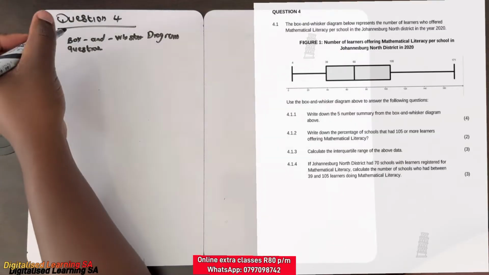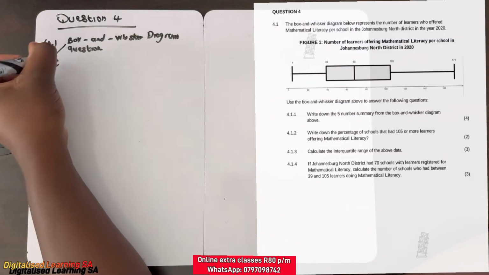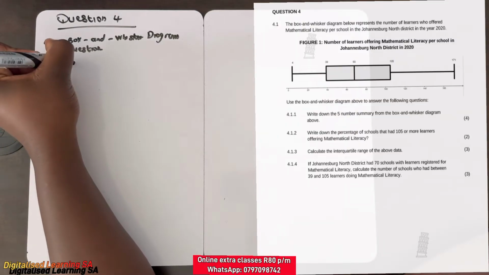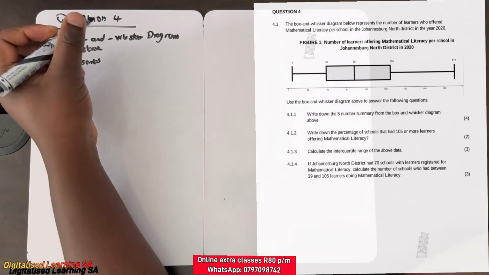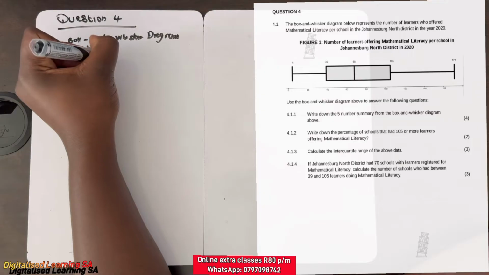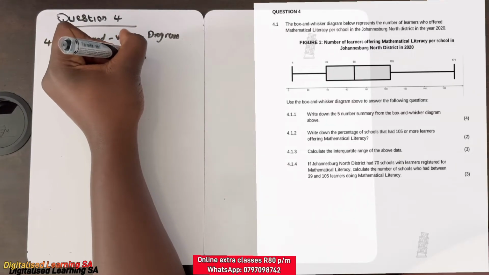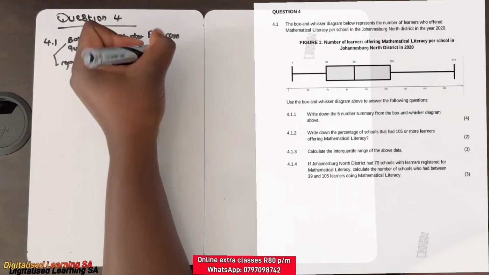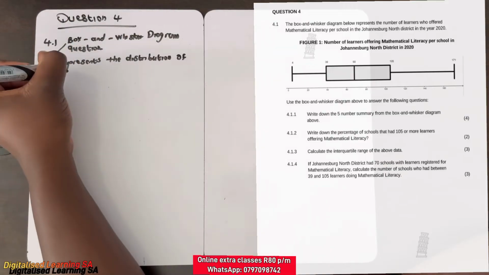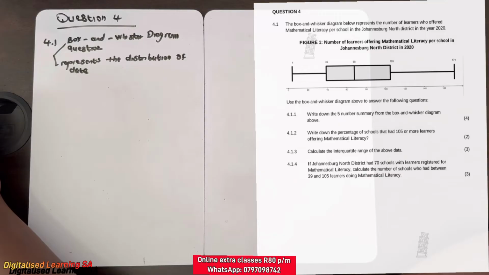We know that the box and whisker diagram represents the distribution of data. Okay, without wasting any more time, let's move to the questions.